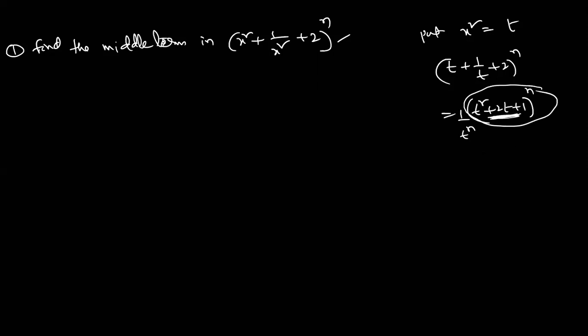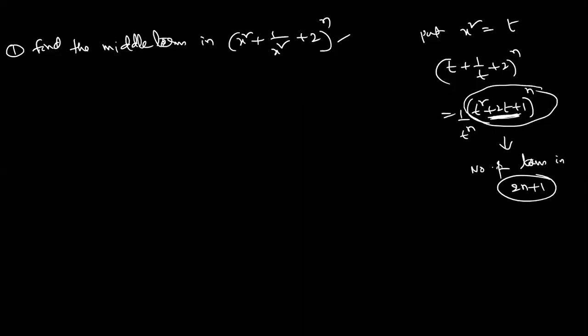Add 1, that is the number of terms. This expansion has how many terms? 2n plus 1. The same question is applicable for x cube plus 1 by x cube plus 2 power n. Same thing.